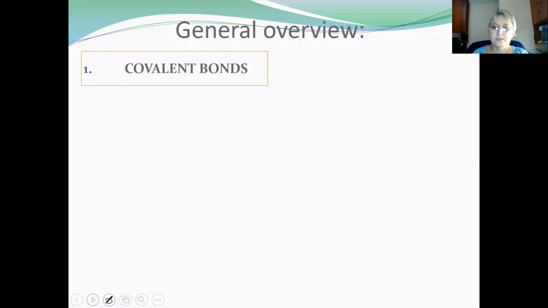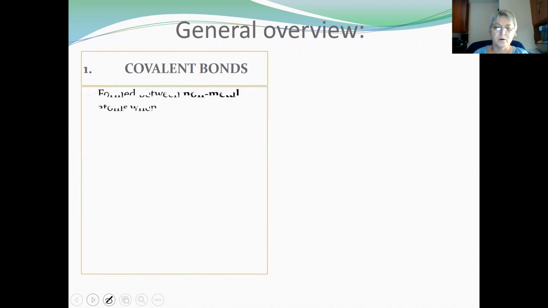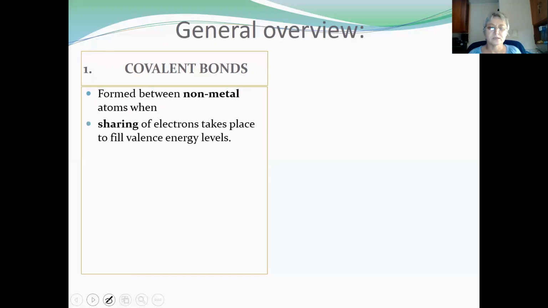Now, the reason why chemical bonds form is to stabilize the atoms. The first type of bond we started looking at was the covalent bond. They are bonds that are formed between non-metal atoms when there is a sharing of electrons in order to fill the valence energy levels. That would cause the atoms to be stable, like the noble gas atoms.